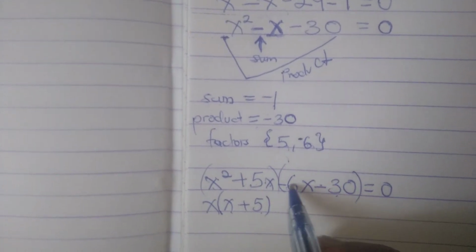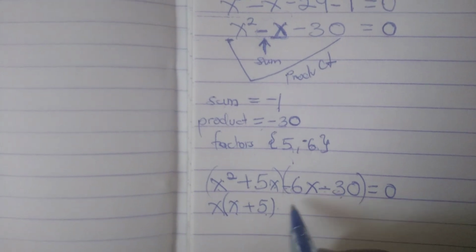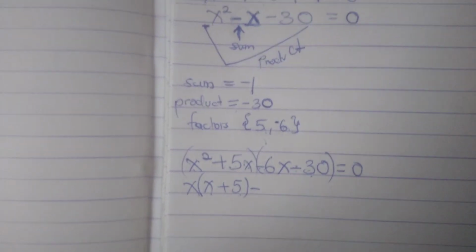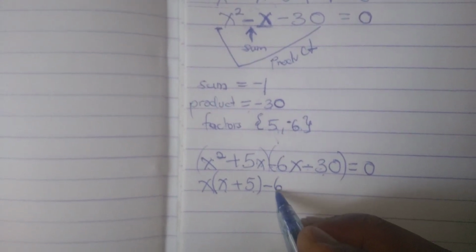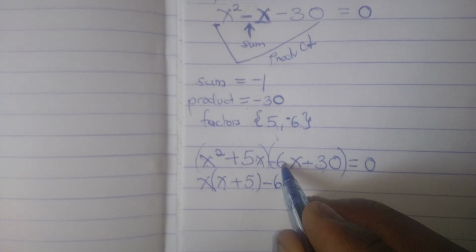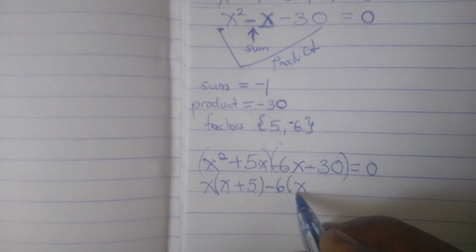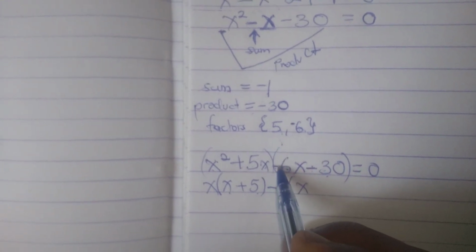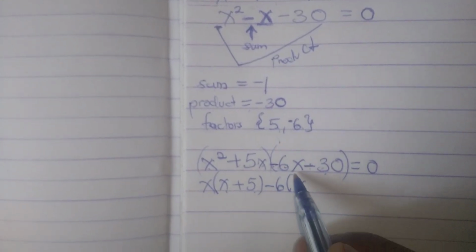Then here, when you look critically, a negative is common. Pull it out. What else is common? A 6. 6 is common. When you pull out a 6 here, you remain with the 1 times x, you remain with the x. When you remember this negative was pulled out, we pulled out a negative.